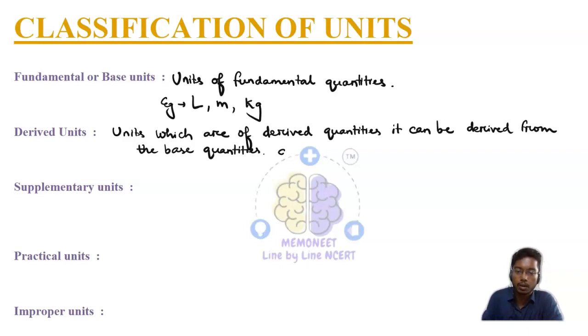Just like, for example, let's say we have force here. We know that force is mass into acceleration, and acceleration is equal to v upon t, velocity upon time. So the unit of force is kg meter per second square.